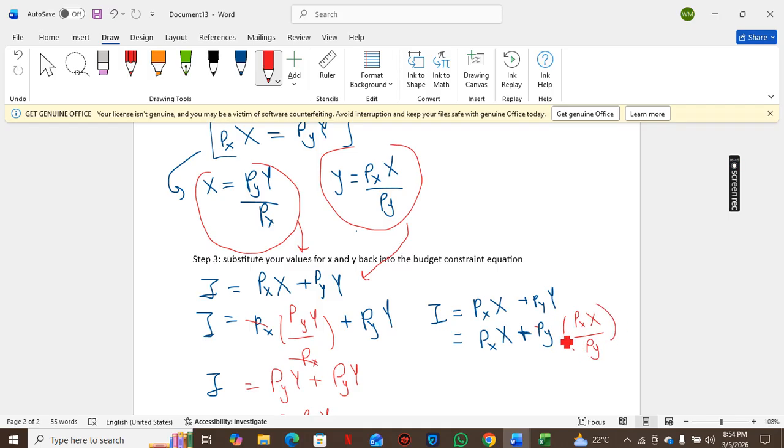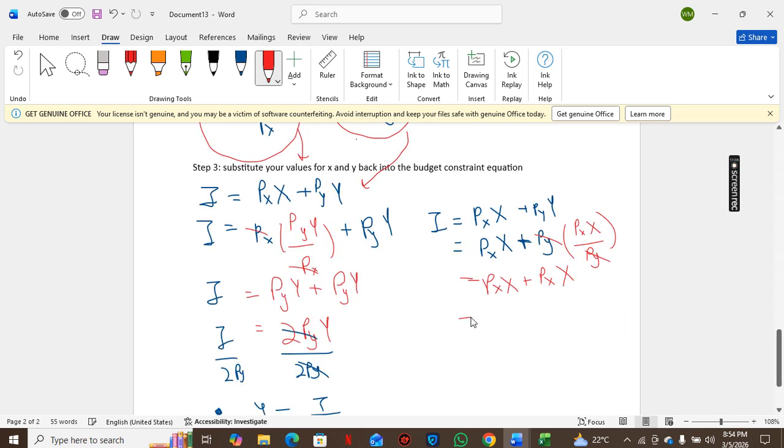You cross these out, you're going to have PX x plus PX x. PX x plus PX x, you're going to get 2 PX x. And you have I on the other side, so you get the value of x.